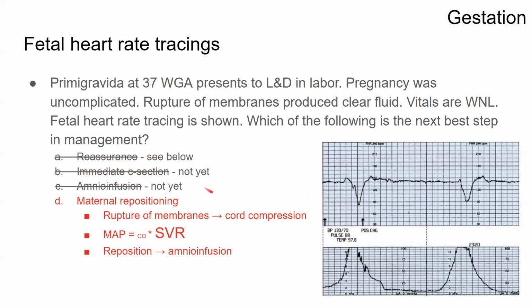But if you're just seeing these decelerations and you haven't started maternal repositioning or any of these less invasive maneuvers, you would want to start with those first before going straight to C-section. That's all I want to talk about for this one for now. We're going to go over some more specific examples and explain how to go through a fetal heart rate tracing, but this was just to introduce the concept.